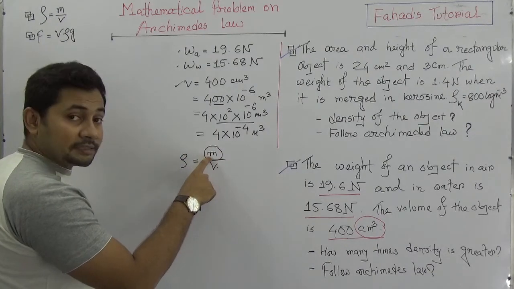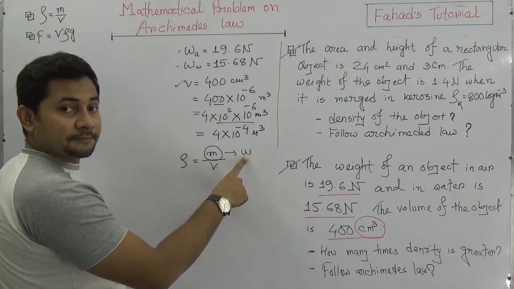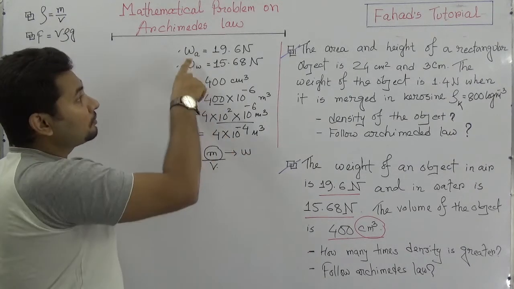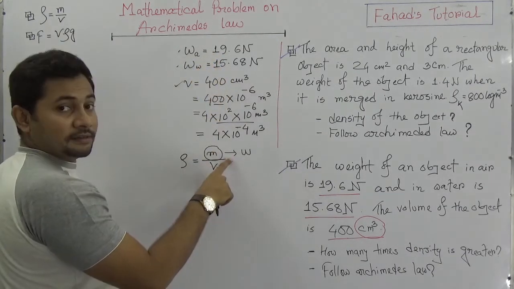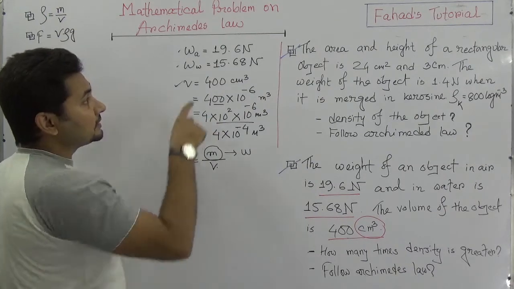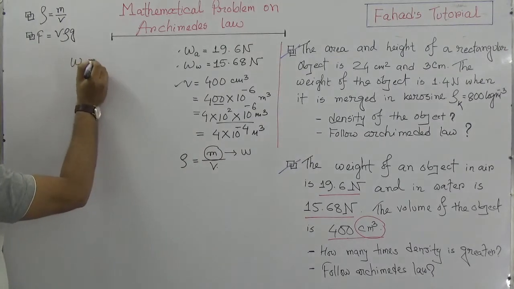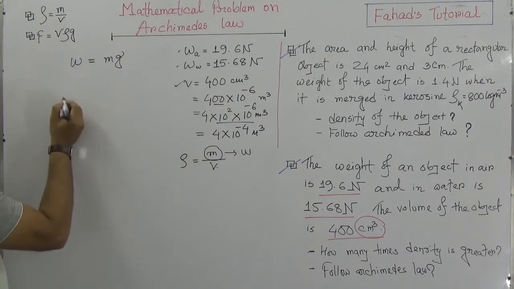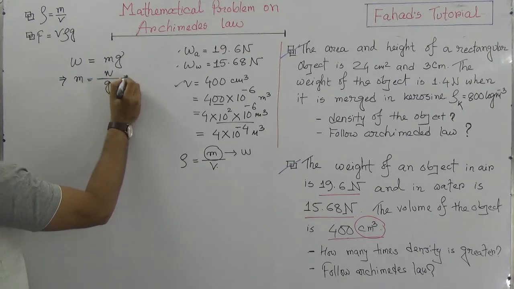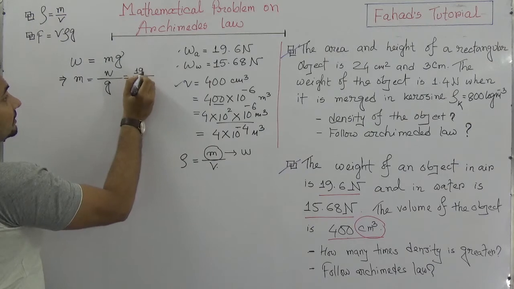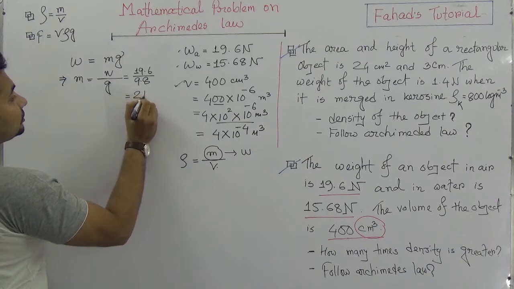To find the mass, we need the weight of the object, which is given in air: 19.6 Newton. We know that weight is equal to mg, so m would be w divided by g. Now 19.6 by 9.8 is actually 2 kilogram.